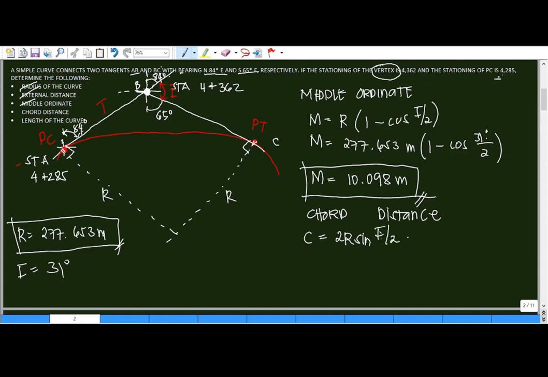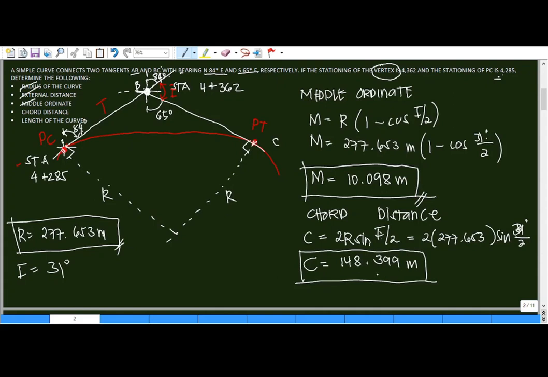So that is equal to 2 times my radius, 277.653, multiplied by the sine of 31 degrees over 2. Therefore, my chord distance is equal to 148.399 meters. Okay, so solve ko na si chord distance.